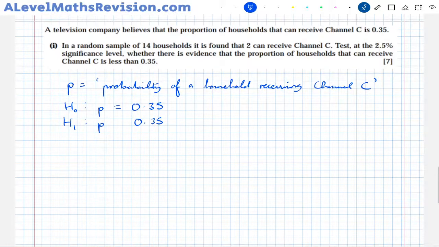You just type the sign in the chat. Indeed, it is less than, yes. And it says so there, less than 0.35.